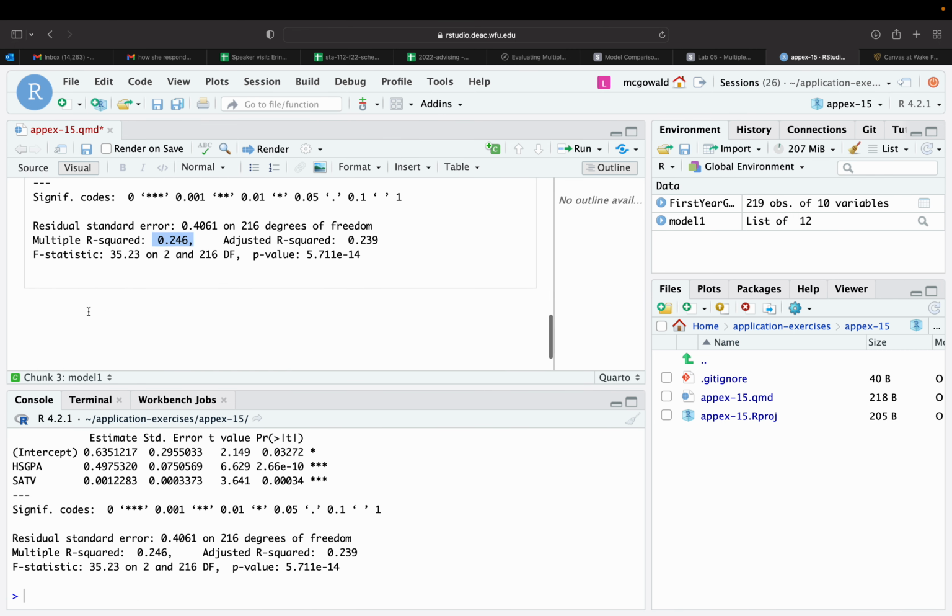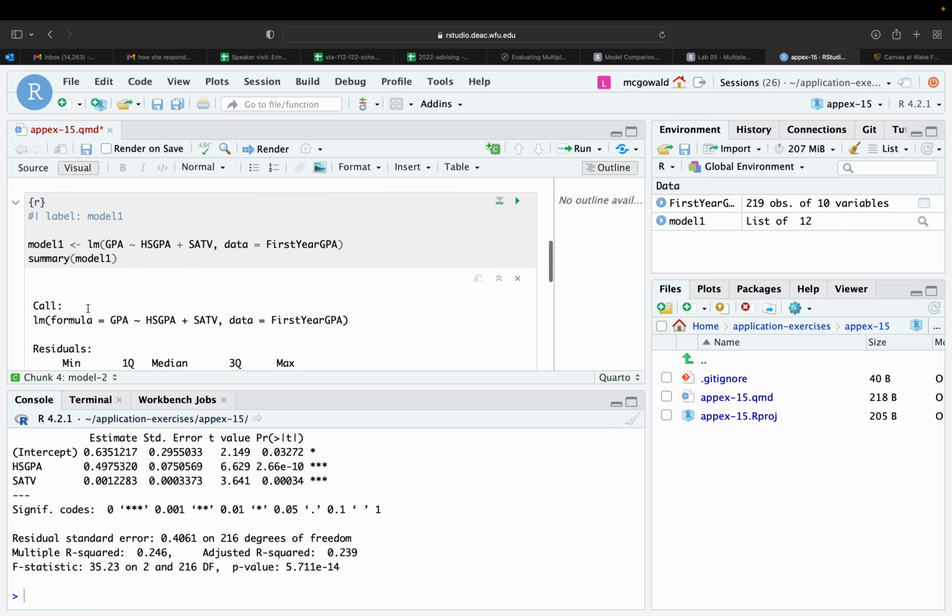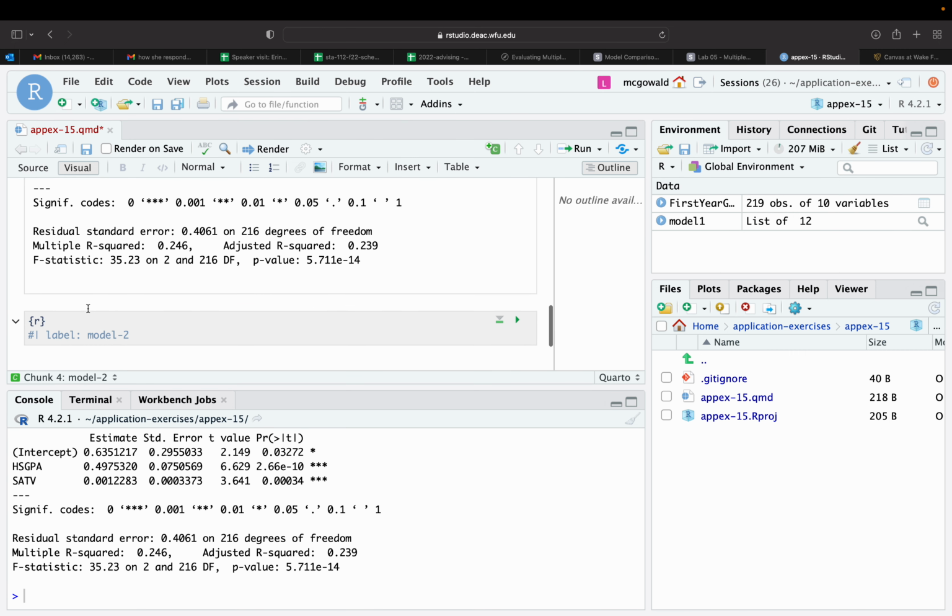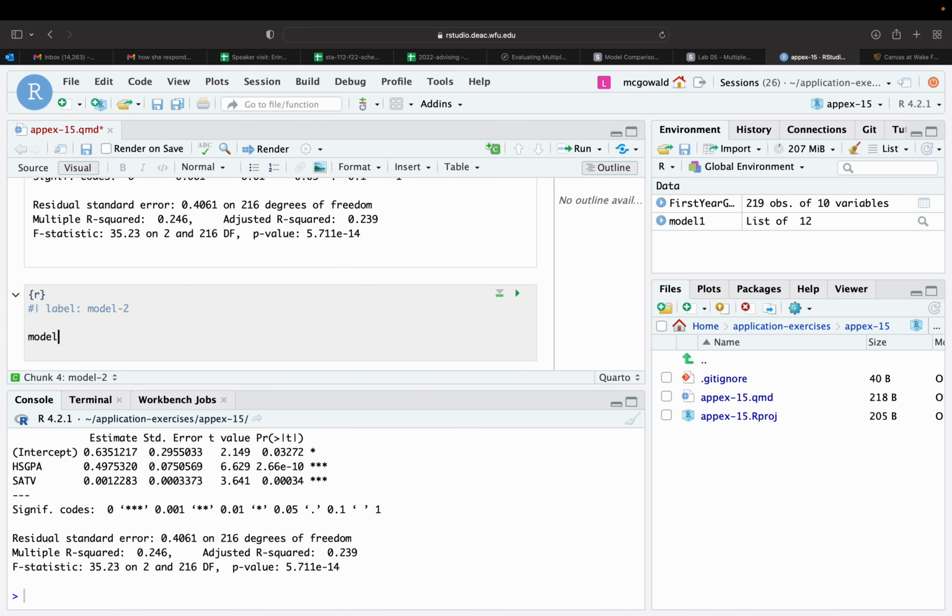What would I do for fitting model 2? Yeah, so now I would have high school GPA, SAT verbal, and which one are we adding here?